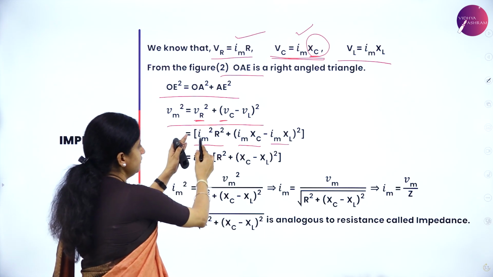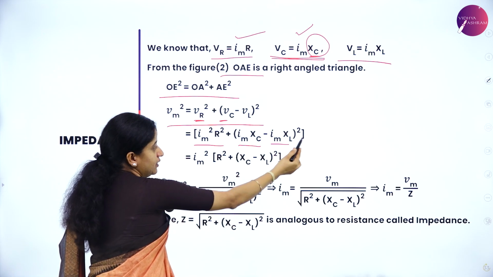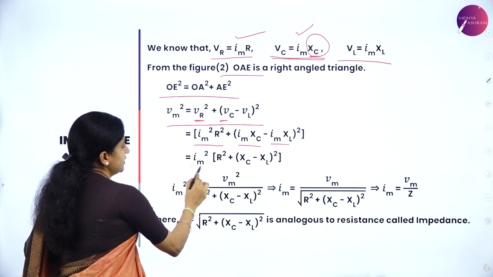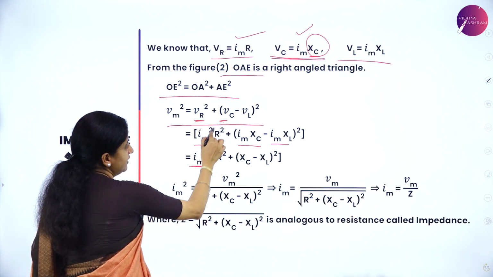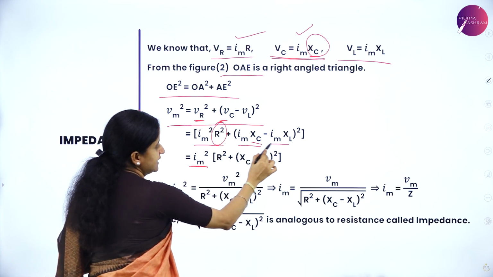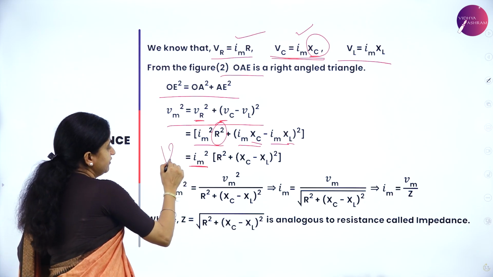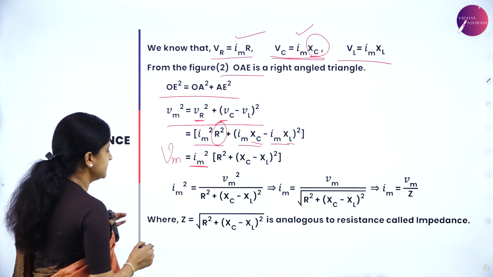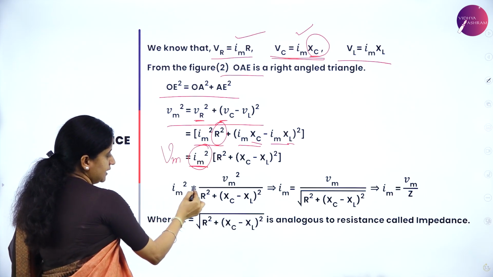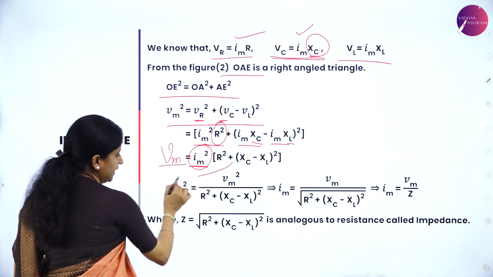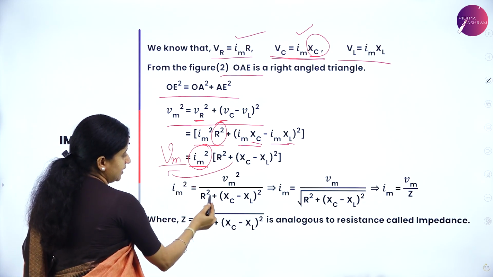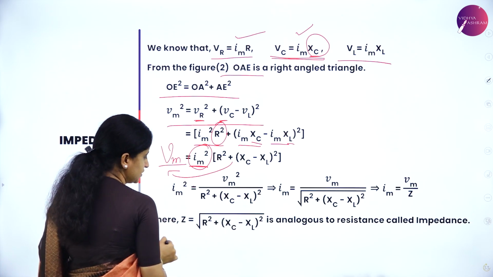Now Im square is common in all the terms, so taking it outside, we get Im square into, we remain with R square plus Xc minus XL the whole square. So here in the LHS we have Vm square. So we can write Im square is equal to Vm square divided by this whole term, that is R square plus Xc minus XL the whole square.